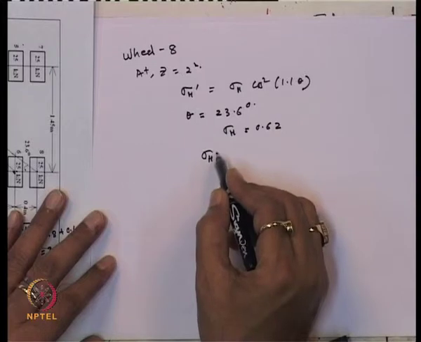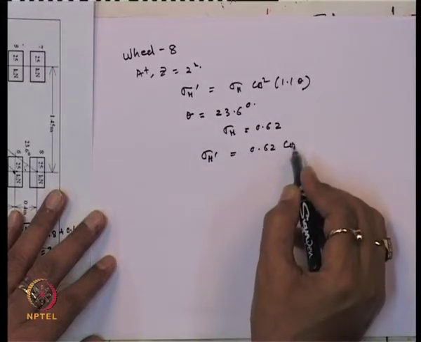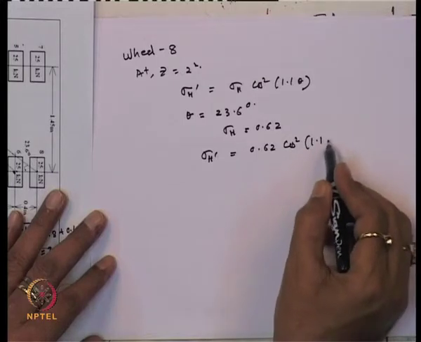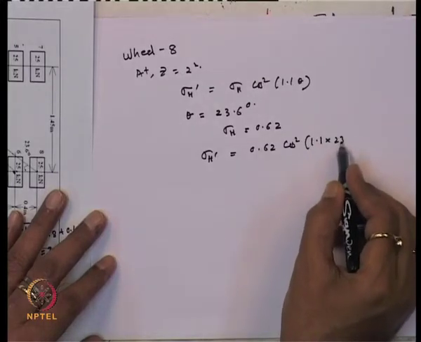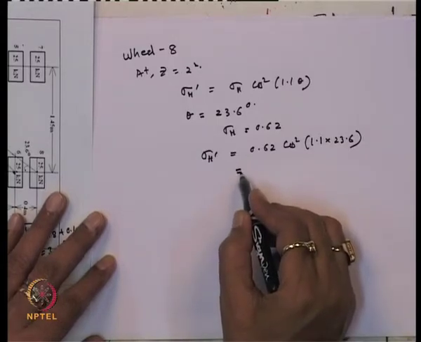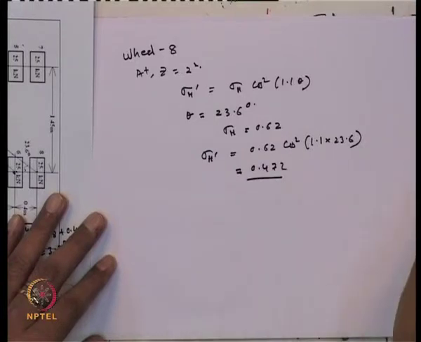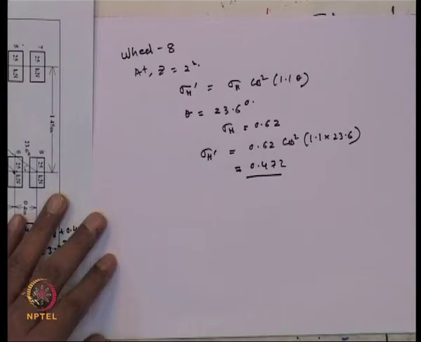So sigma h dash is 0.62 into cos square 1.1 theta, with theta 23.6. So at a depth of 2 for the wheel load 8, this will be equal to 0.472.